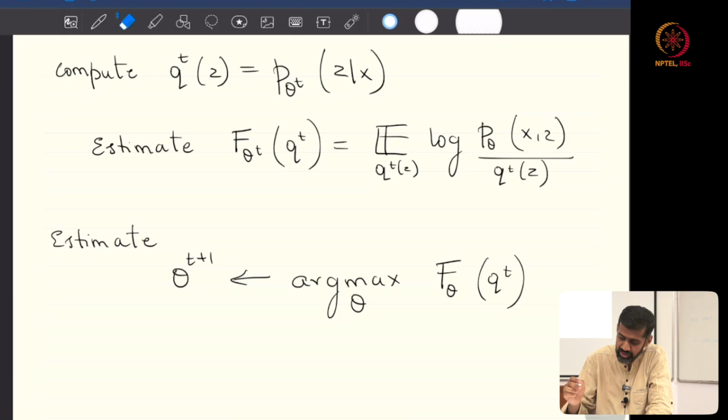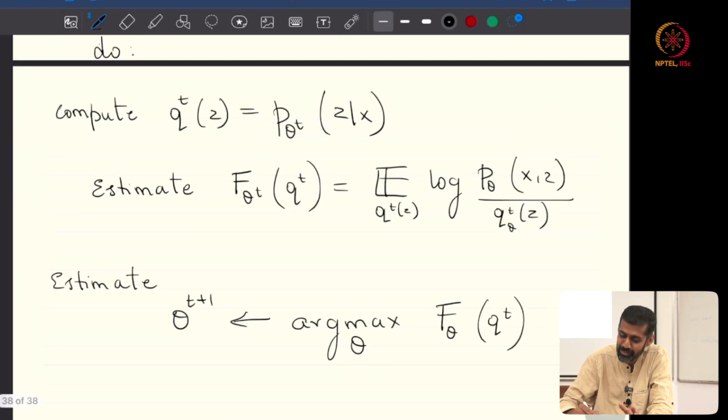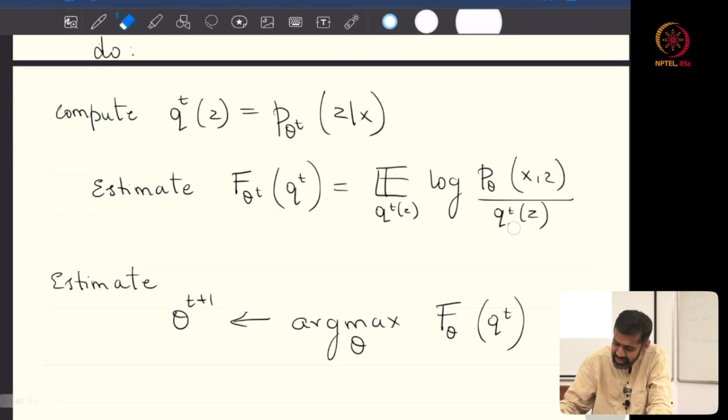So we have q t that we fix. Somebody asked a question, right? Why don't you make this a function of theta? It's actually a function of theta because q t is p theta t, and because it is computed at theta t, this q of z becomes a function of t as well, but it just makes the notation a little complicated. That's why I don't put theta t there, okay?